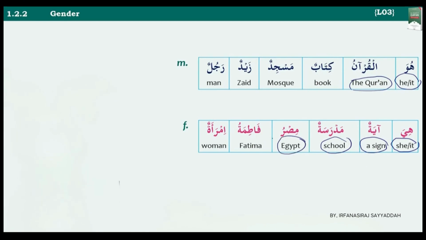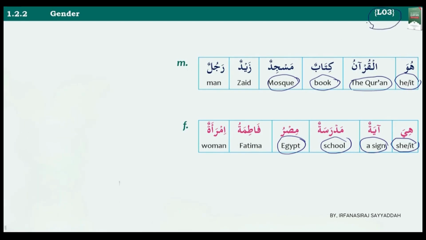On the other side, we have he, we have Quran. Kitabun, book, is masculine. Mosque, masjidun, is also masculine. So how do you know how to treat a word, masculine or feminine? This subject, inshallah ta'ala, will be taught in lesson number 3.